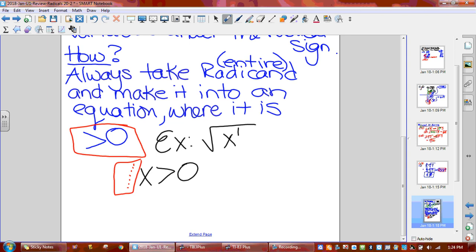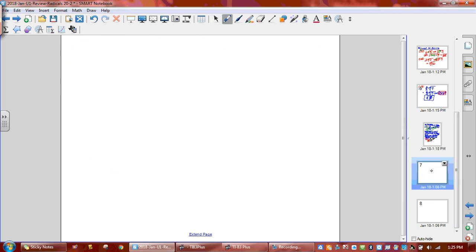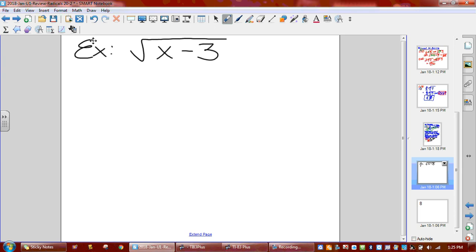So here's another example. If it was root x minus 3, okay, I want to do a restriction. Well, right now, x minus 3 is simplified. How do I know if it's simplified? Because I can't take any groups of x out, because it's got a hidden 1 on it. I need a minimum of 2 on the exponent to come out, and there's not enough.